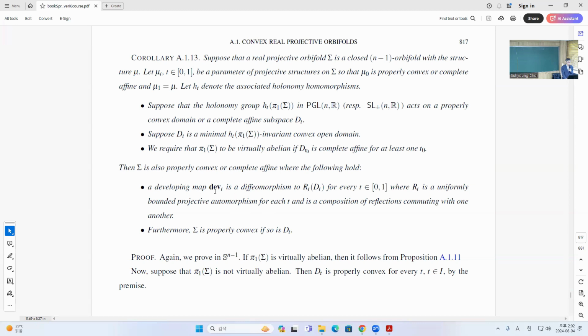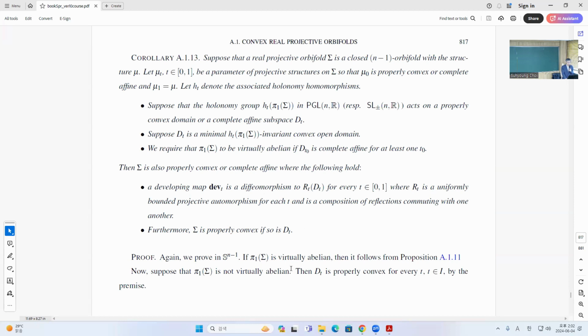So I should say Qt. So this is true for mu zero, but properly convexity is only guaranteed at mu zero. Then this propagates, and so this step T is always a diffeomorphism, and RT is a uniformly bounded automorphism, and so if the sigma is properly convex, then all dt has to be properly convex.